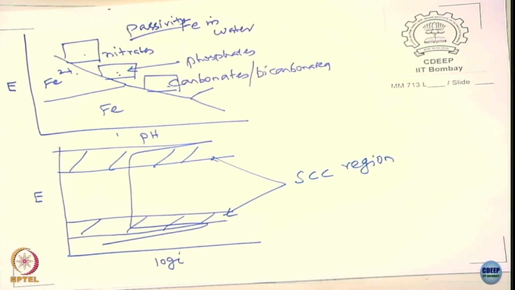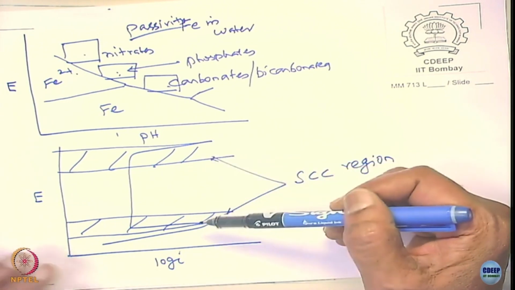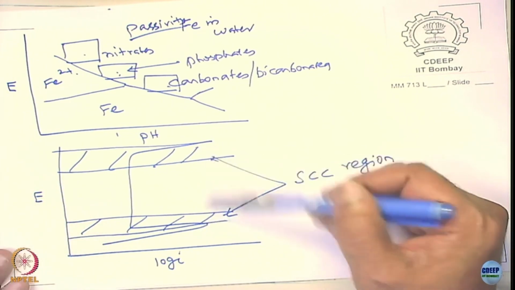You see this. They also found that stress corrosion cracking occurs very close to the pitting potential and very close to the active-passive potential. These two potential regions, they are happening.